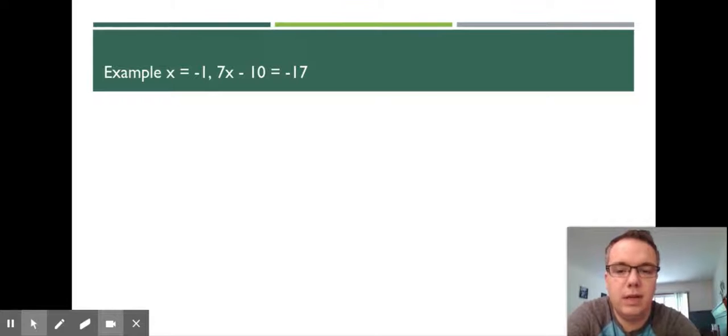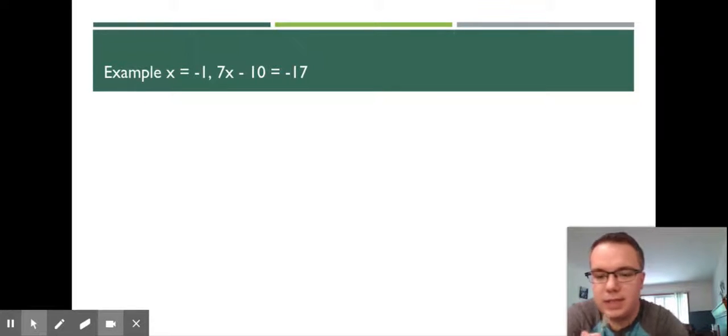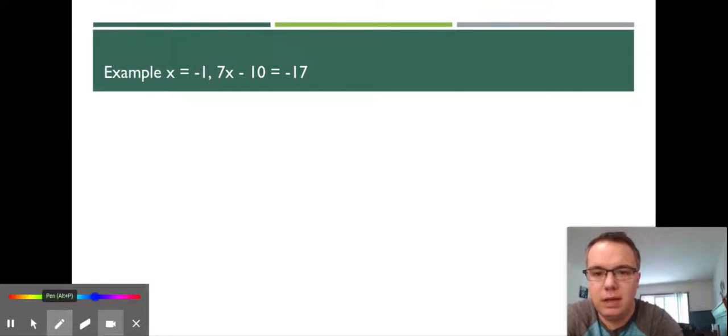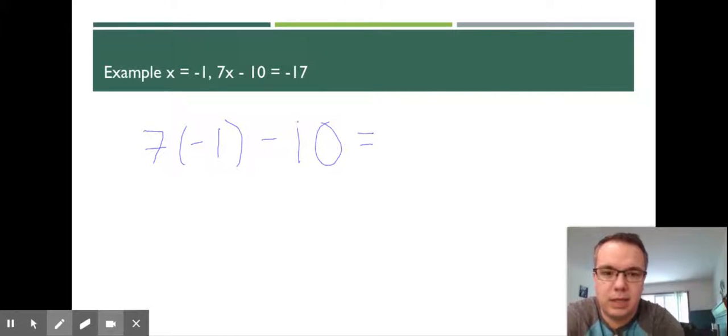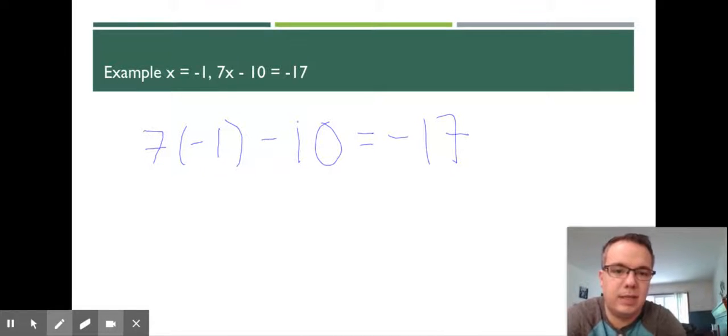All right, next example. X equals negative 1. Is that a solution to 7x minus 10 equals negative 17? Well, let's find out by plugging in negative 1 for x. So instead of 7 times x, we'll have 7 times negative 1, minus 10, is equal to negative 17. So again, our left side needs to be simplified, and our right side is as simple as it gets. So let's look at this left side and simplify it. What's 7 times negative 1?